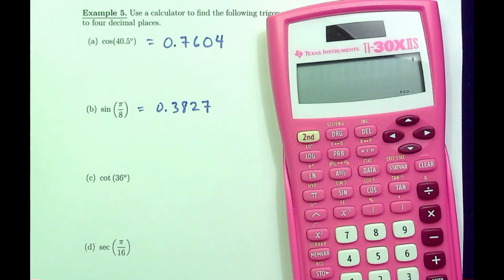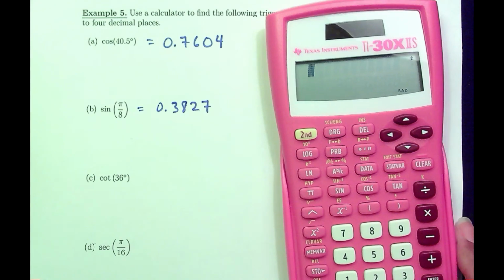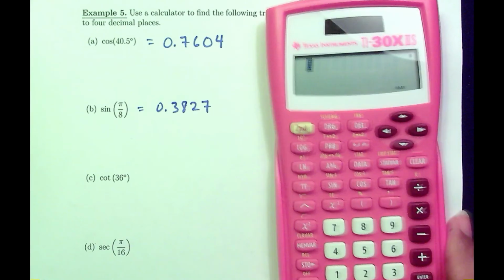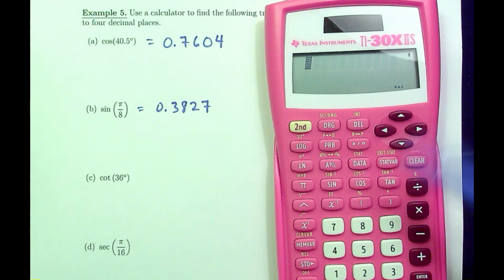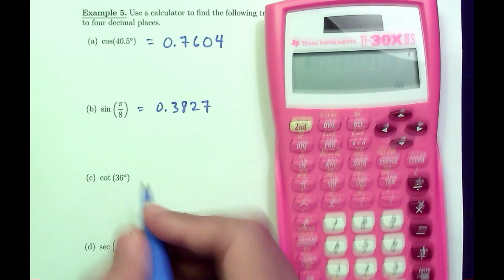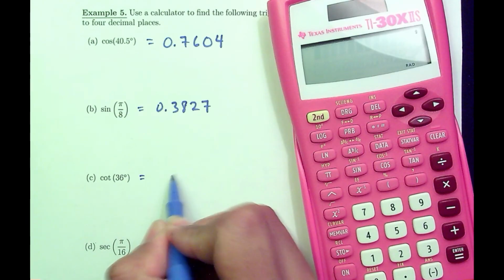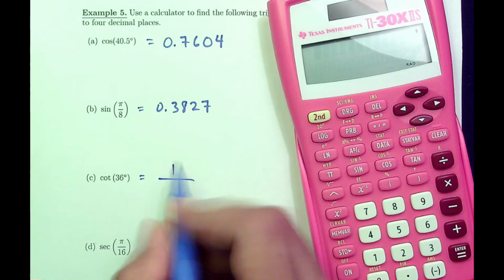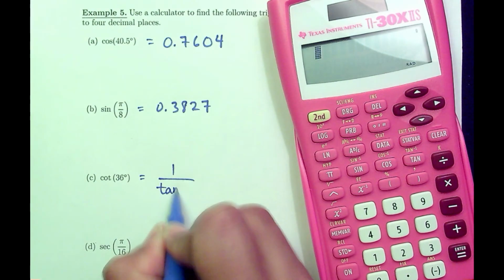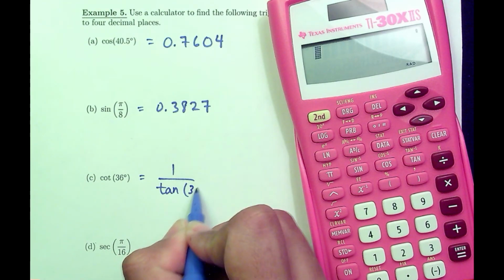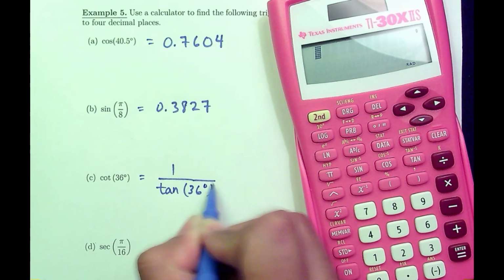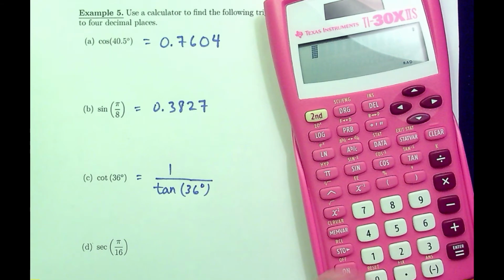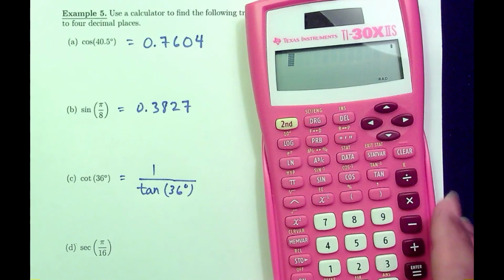Okay, next one says cotangent. If you look at your calculator, mine has no button for cotangent anywhere, and that's because we don't really need it if we know what cotangent is. Cotangent is just 1 over tangent. So if I can find the tangent, it's just going to be 1 over tangent of 36 in this case.